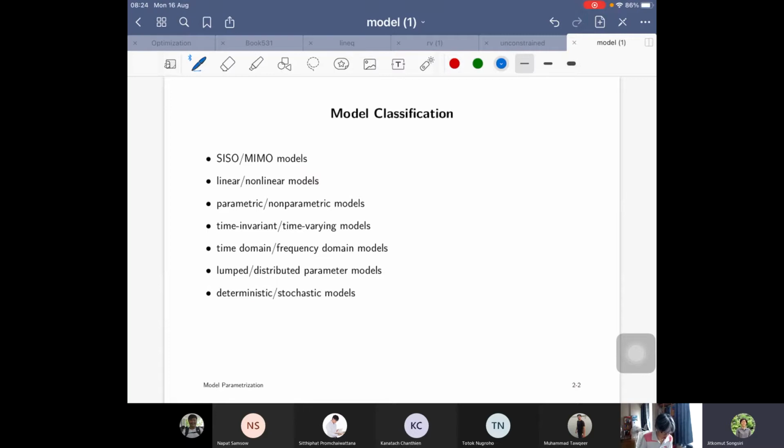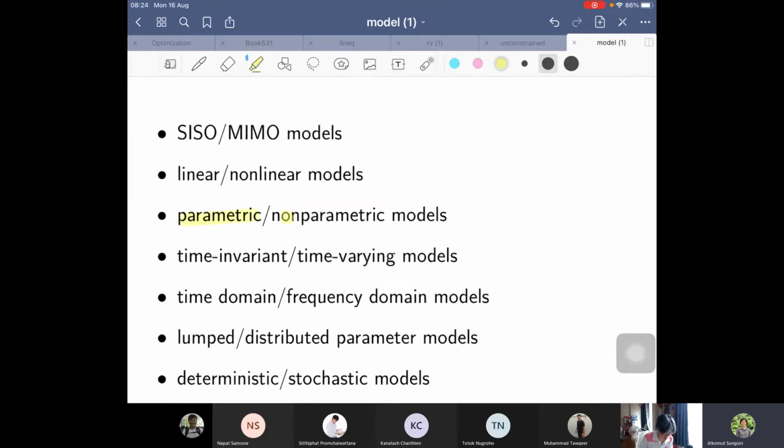In the third category, the models can be split as parametric and non-parametric models. As we explained in the previous clip, a parametric model is one for which you can parameterize the parameters in the model. For example, the one that we encounter a lot, a transfer function, (s plus b1)/(s squared plus a1 s plus a2).